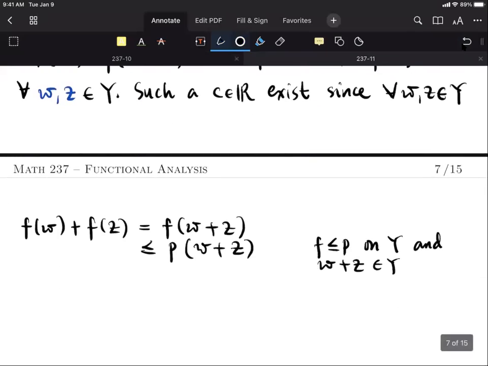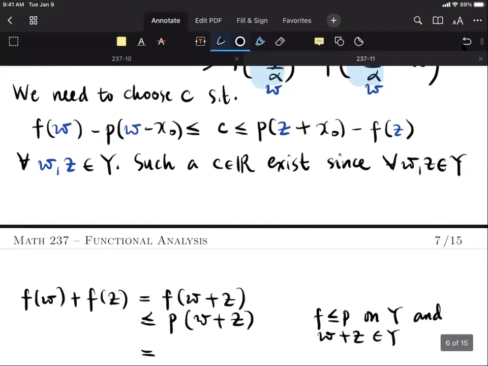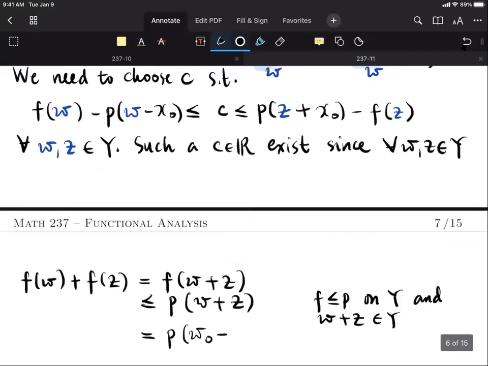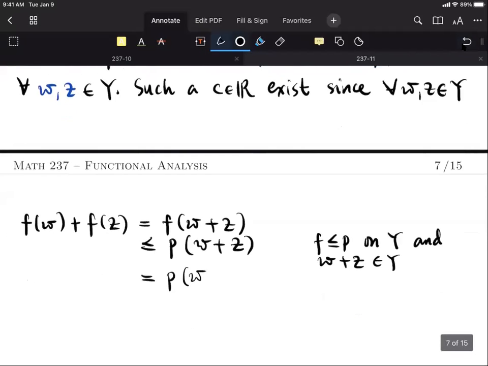And then the next task is to, okay, subtract and add. So we add, or first, yes, we subtract X naught, and we add X naught.